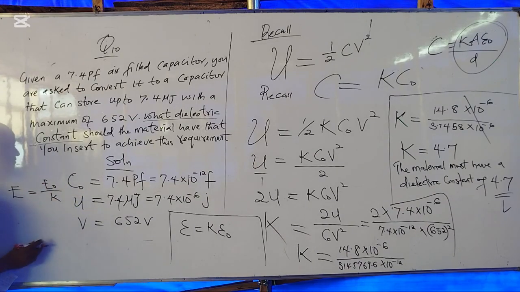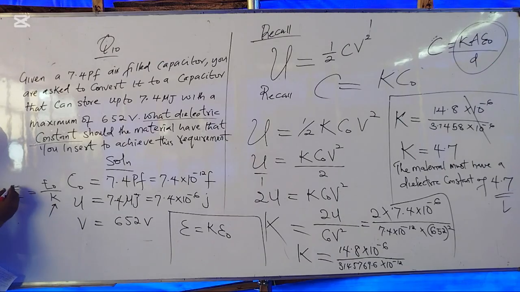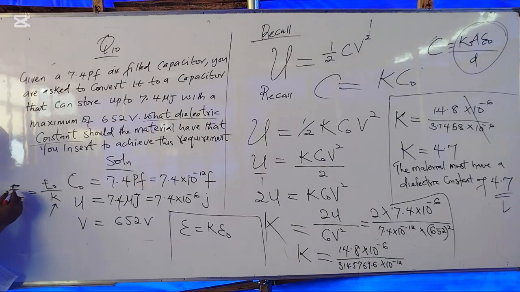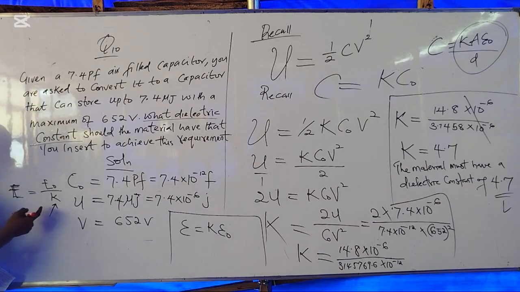K. This becomes a negative relationship between your dielectric material and what? Your field strength, abi? Meaning that once you introduce any material, it will reduce the strength of the field. But they are what? Inversely proportional to each other. Do you get the concept here?